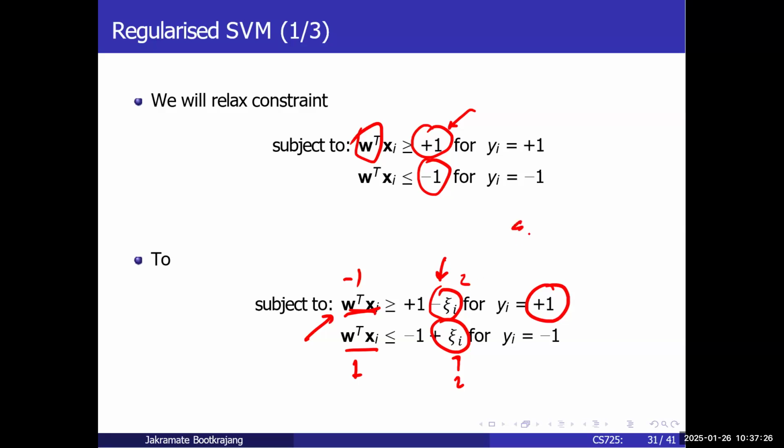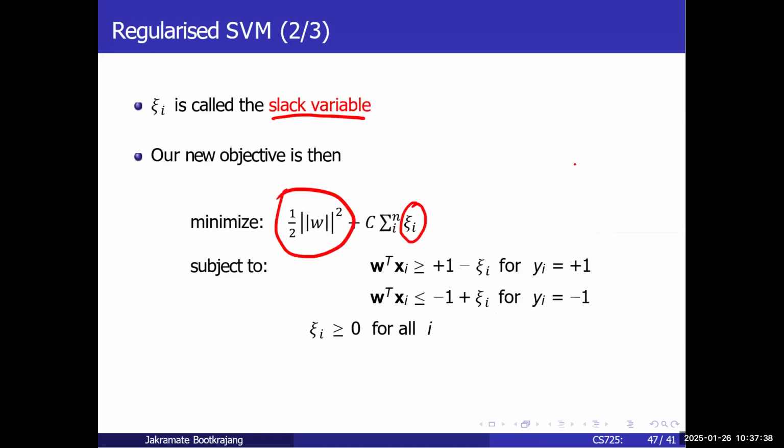If the chi is 0, it's basically the same as before. But for this, it can be more than 0, and we want to minimize this. You want the condition to be as close as possible to the original, but you can allow some breathing room. So you have this new objective function.